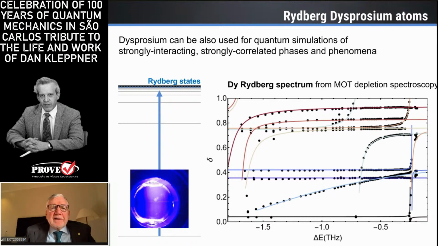Now they are starting to observe these Rydberg states and to follow the panorama of the Rydberg states that you can produce in this atom, which is of course much more complicated with respect to rubidium or hydrogen or whatever.